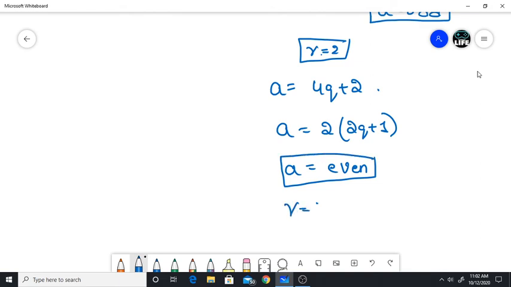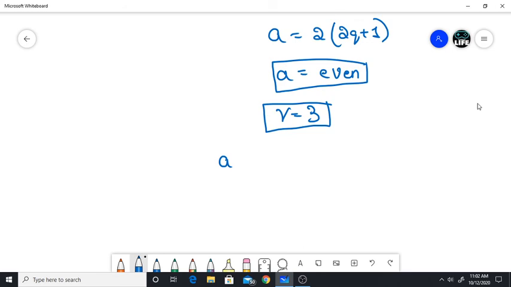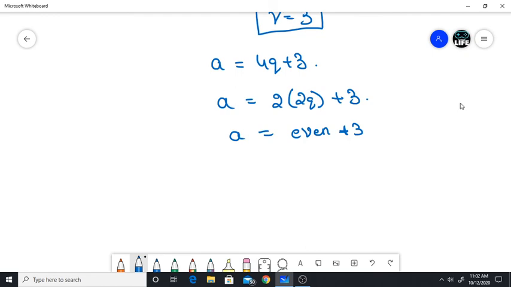If r equals 3, it gives a equals 4q plus 3. Taking 2 as common, a equals 2 into 2q plus 3. We know that 2 into 2q is an even number, and even plus 3 gives you an odd number. So a equals odd number.